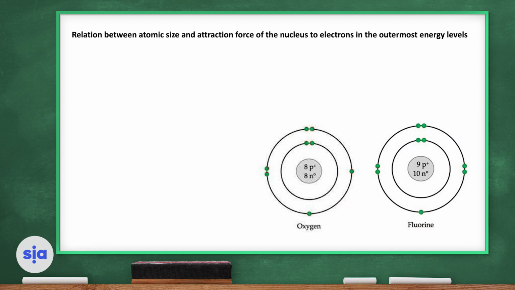Another 2 elements: oxygen with 2 energy levels and fluorine with also 2 energy levels. So what is the difference between the 2 elements? The difference is the number of protons and the number of electrons as well. 8 protons and 8 electrons in oxygen, and 9 protons and 9 electrons in fluorine.